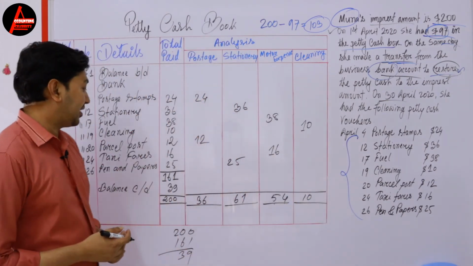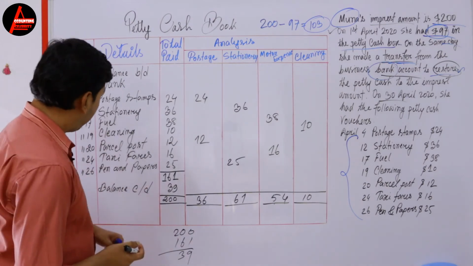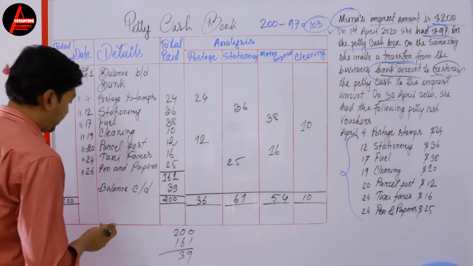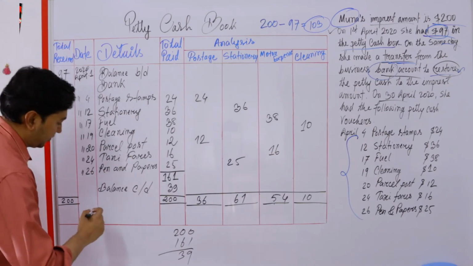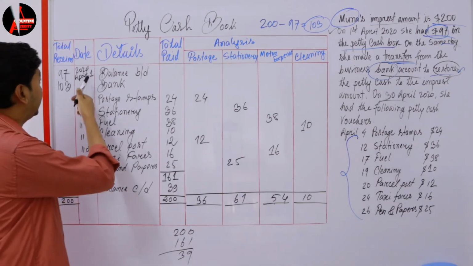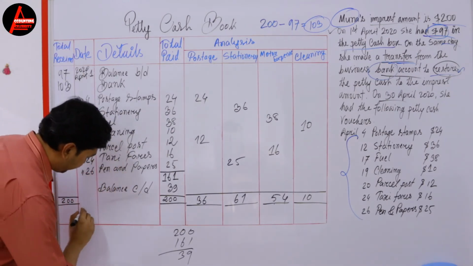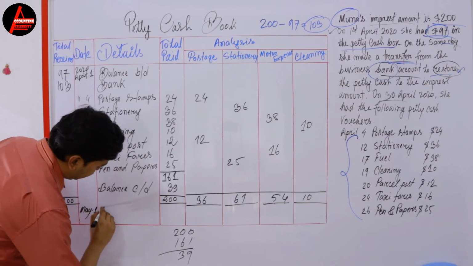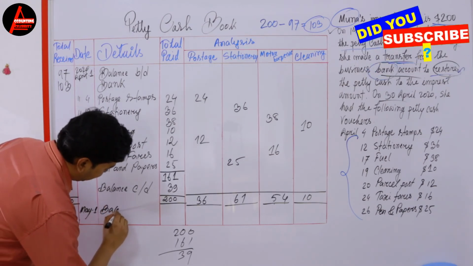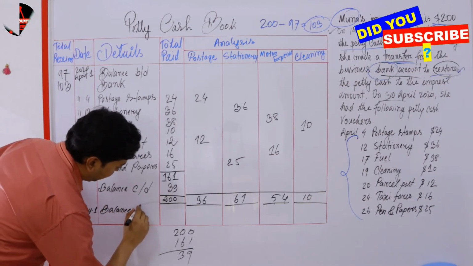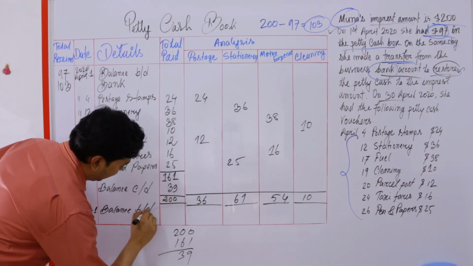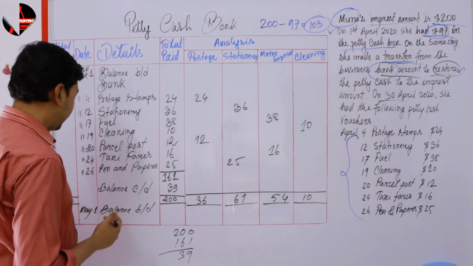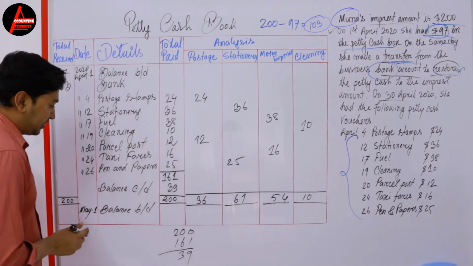So after balancing you have to bring it down to next month. What is the next month? This is April. So next month will be May 1st. Balance brought down to May 1st.